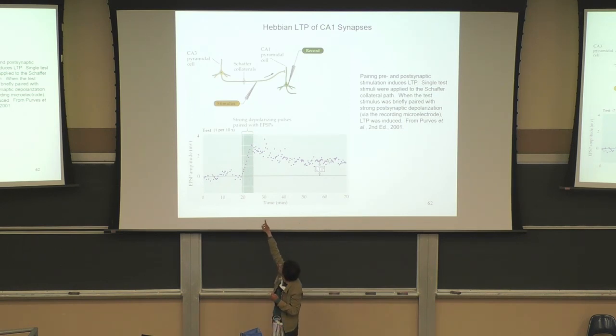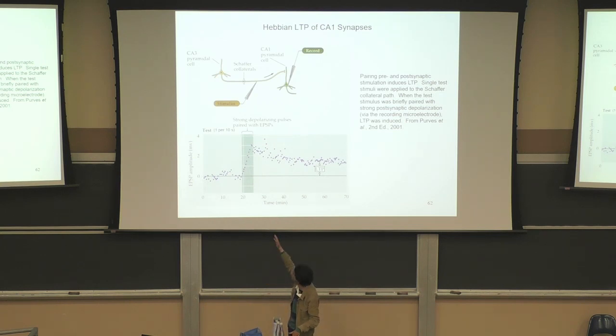One important difference to note here compared to other LTP protocols is that they did very few paired stimulation trials, as many as you have those purple points increasing, something like 10 or 12. And there wasn't any strange 100 hertz stimulation, which is very strange and not physiological.